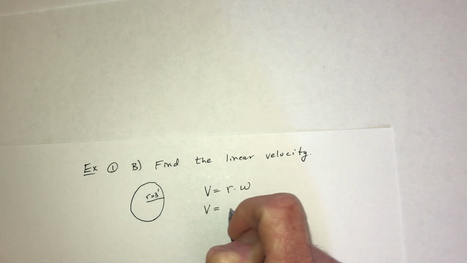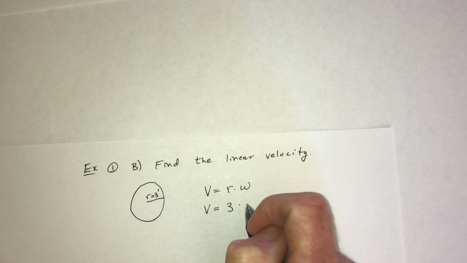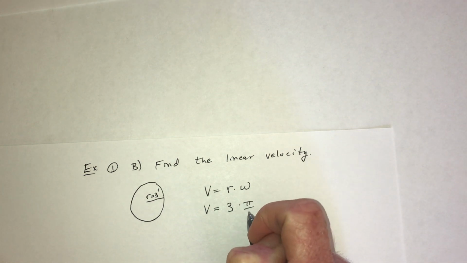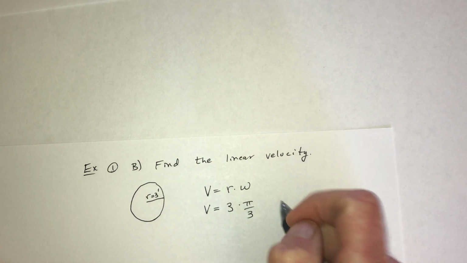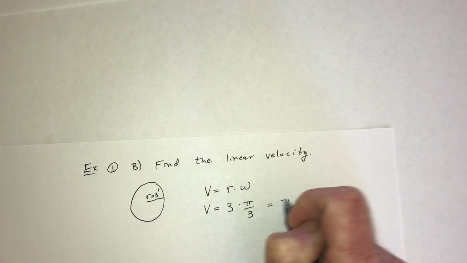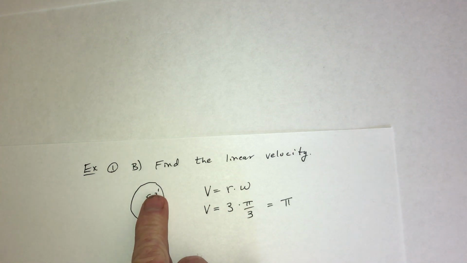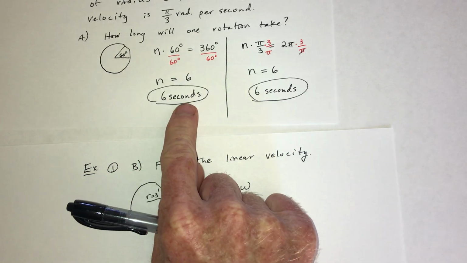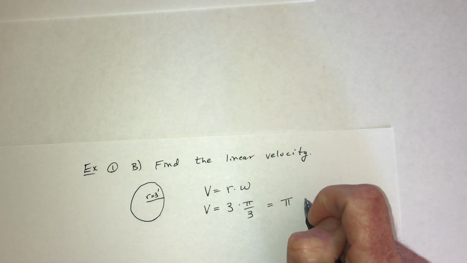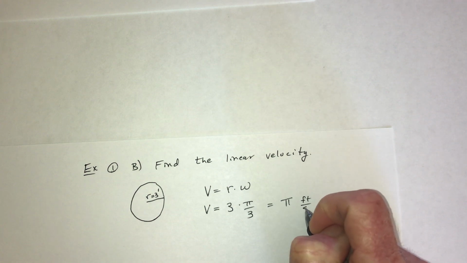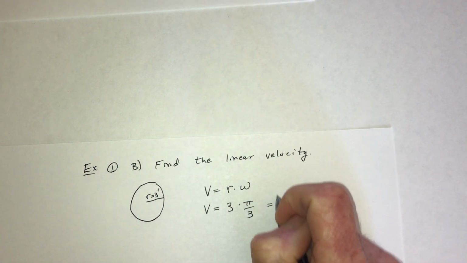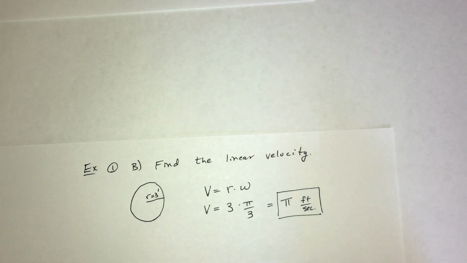So linear velocity will be 3 times pi over 3, which reduces nicely, that's just pi. And this is in feet, and that's in seconds, so it's pi feet per second. Or in other words, approximately 3.14 feet every second.